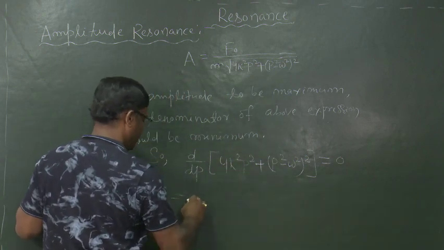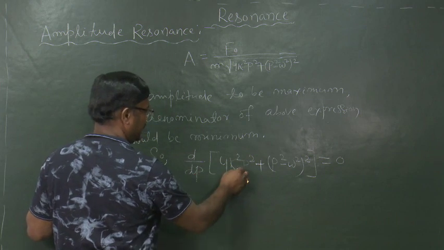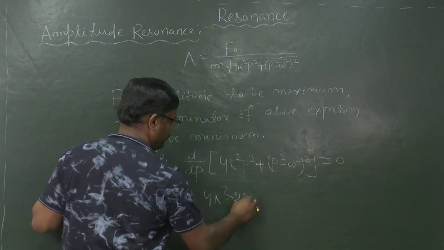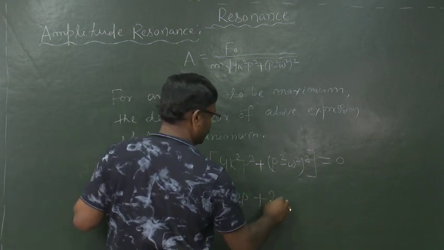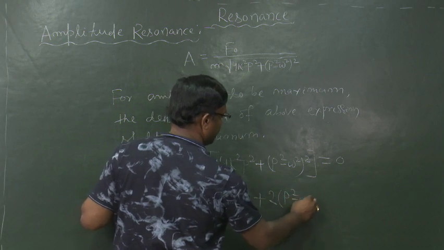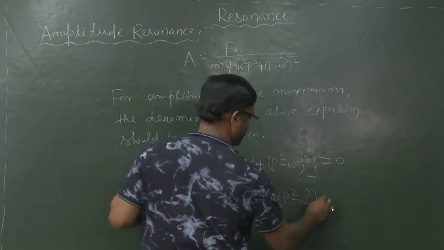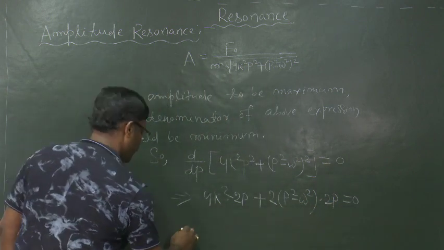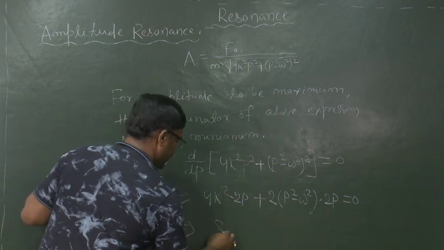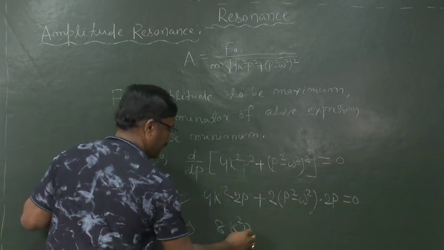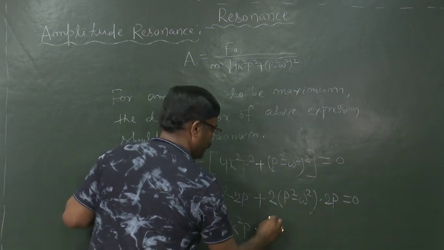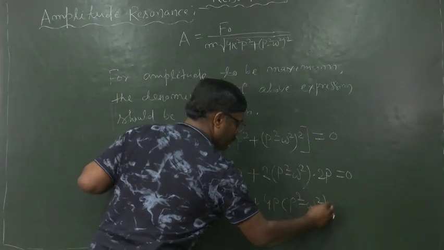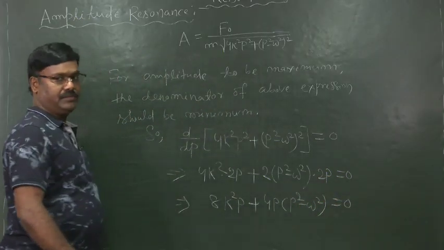Hence, by differentiating this we get 4k square into 2p plus 2 into p square minus omega square into 2p equal to 0, which implies 8k square p plus 4p into p square minus omega square equal to 0.